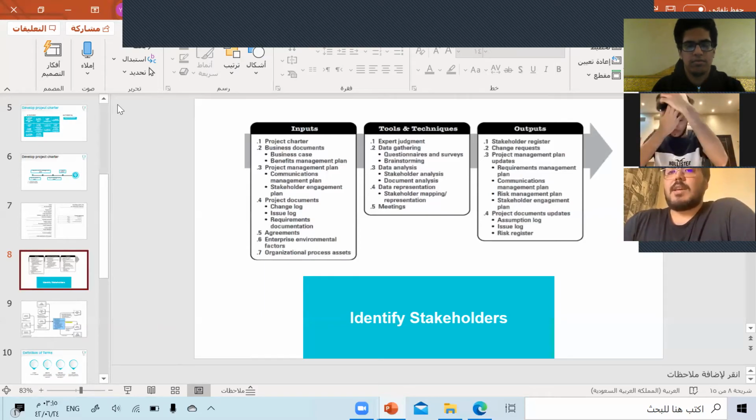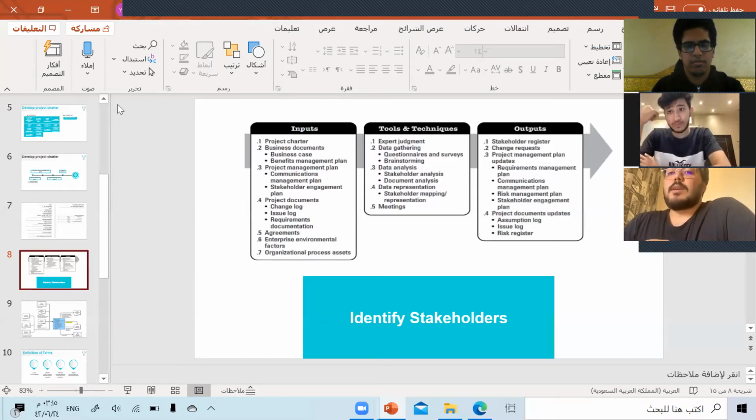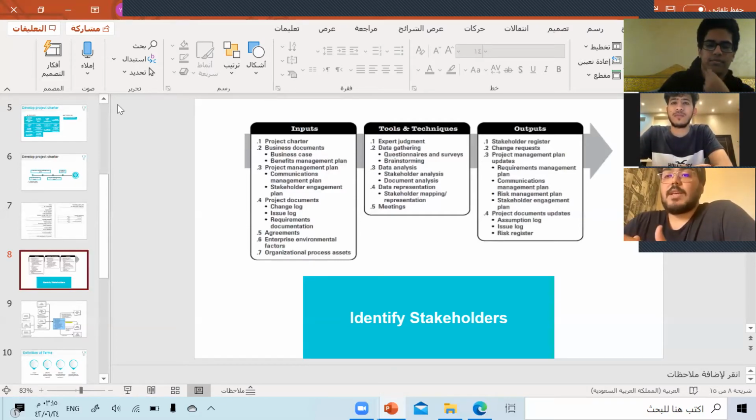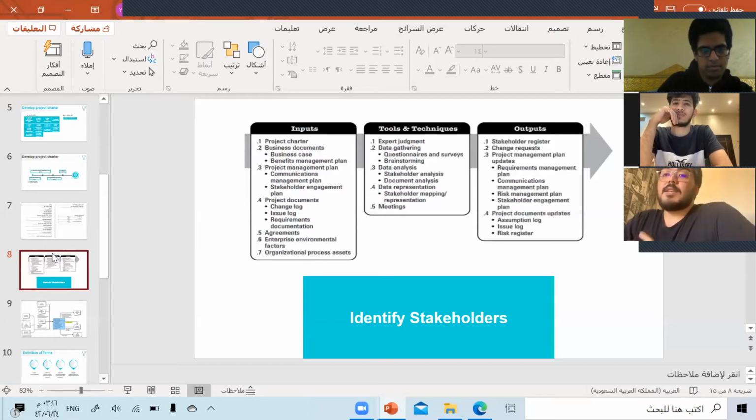There are 7 inputs for the stakeholders, which are the project charter, business documents, the project management plan, the project documents, and so on. For the tools and techniques, we have expert judgment, data gathering, data analysis, data representation, and meetings. For the outputs, we have 4 outputs, which are the stakeholder register, which we will do in this presentation, and second, the change requests, and so on.